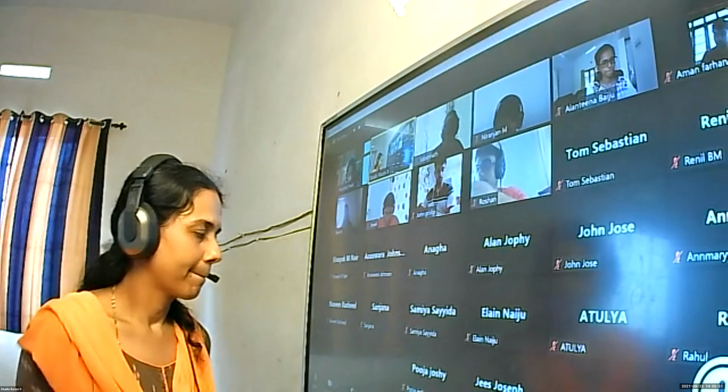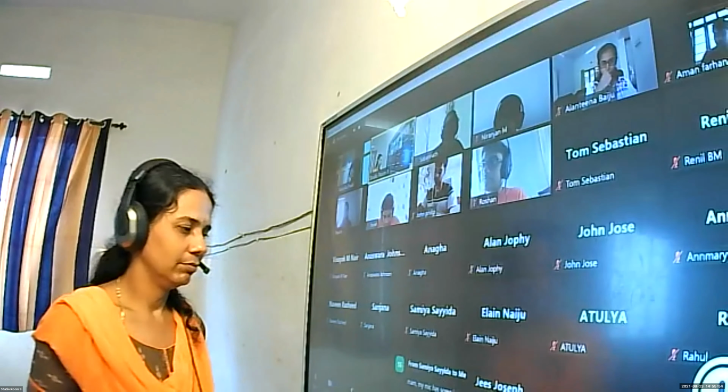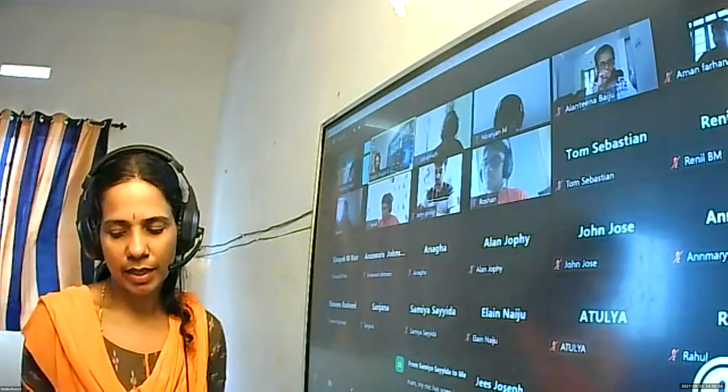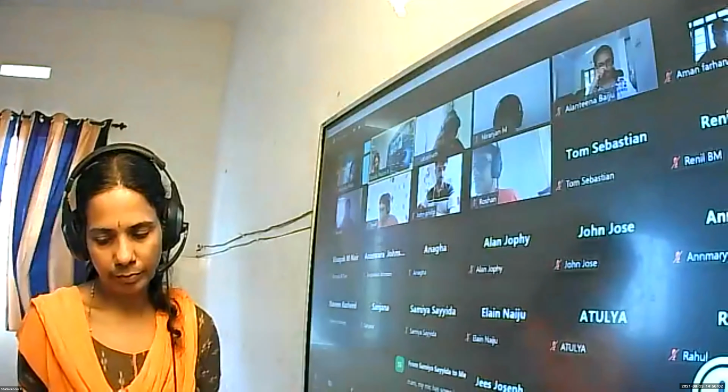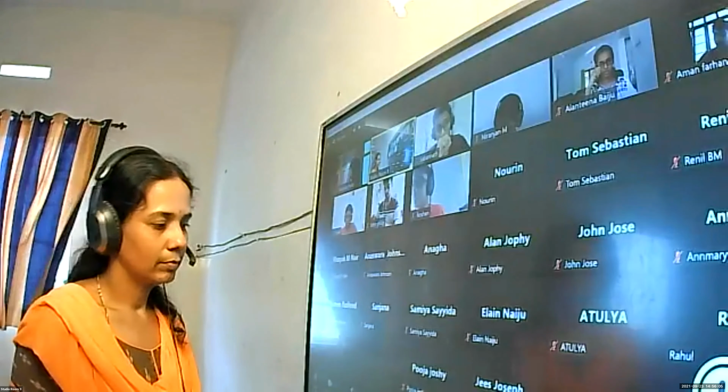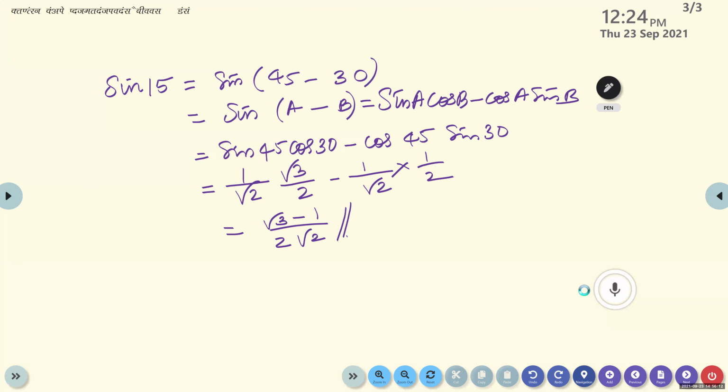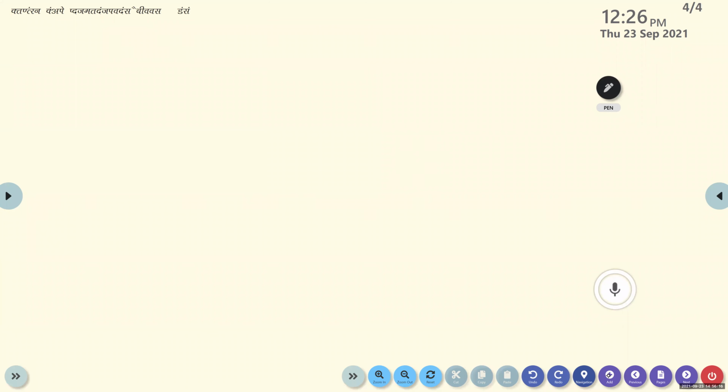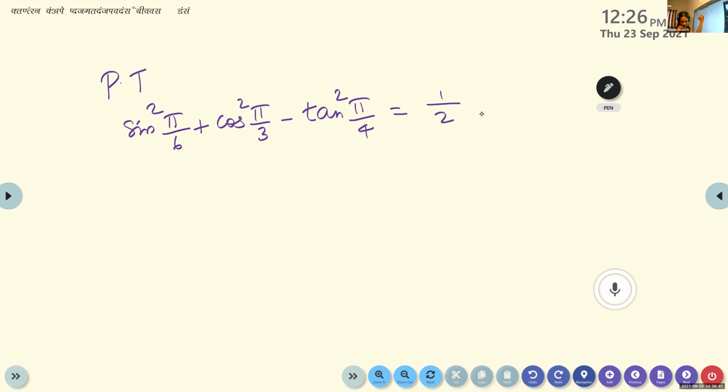Rahul, read the first question. Ma'am, prove that sine square pi by 6 plus cos square pi by 3 minus tan square pi by 4 is equal to negative 1 by 2.